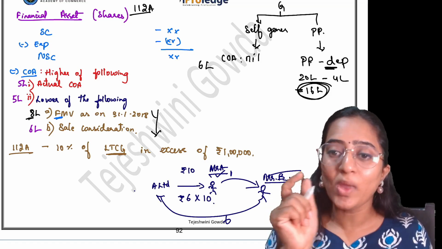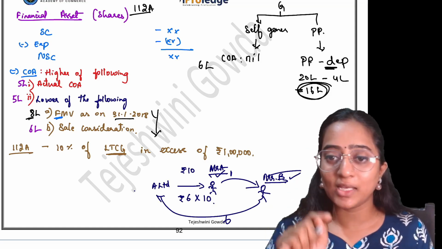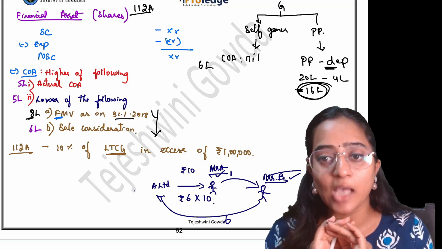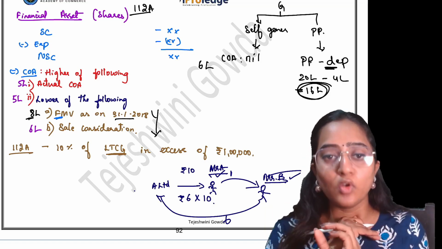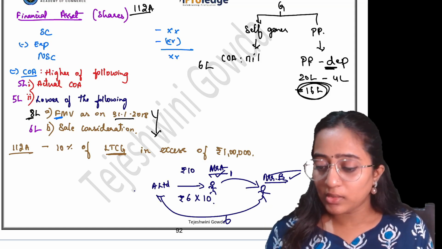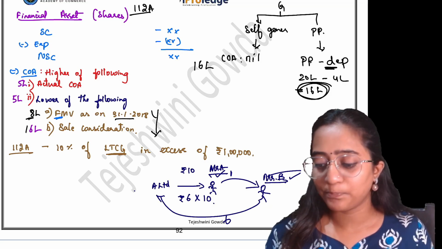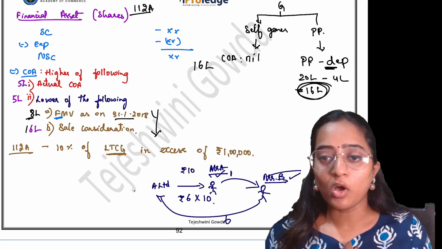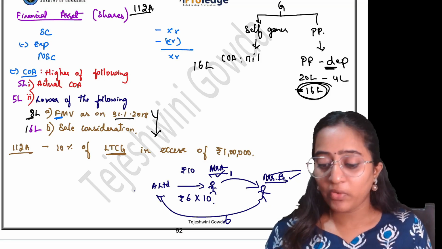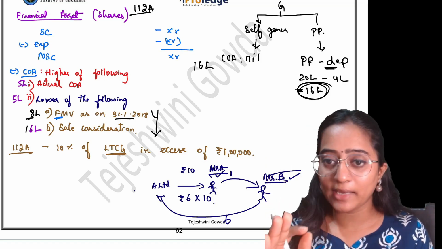It means up to 8 lakh rupees, whatever is the fair market value as on 31/1/2018, we are not going to charge it for tax at all. It will not come under your capital gain. How do we see? Now, in my example, let's consider my sale consideration is 16 lakh. Example only. The cost involved is 5 lakh. Fair market value as on 31/1/2018 is 8 lakh.